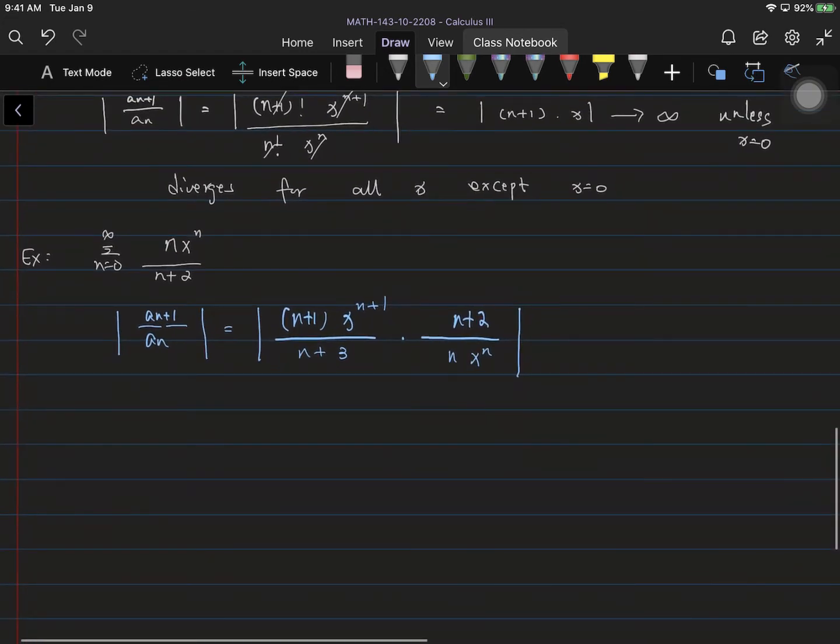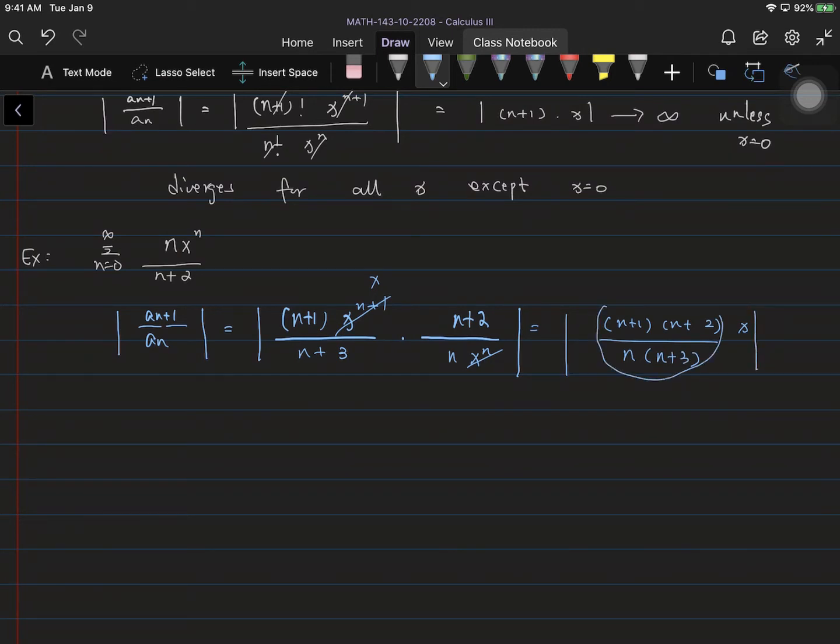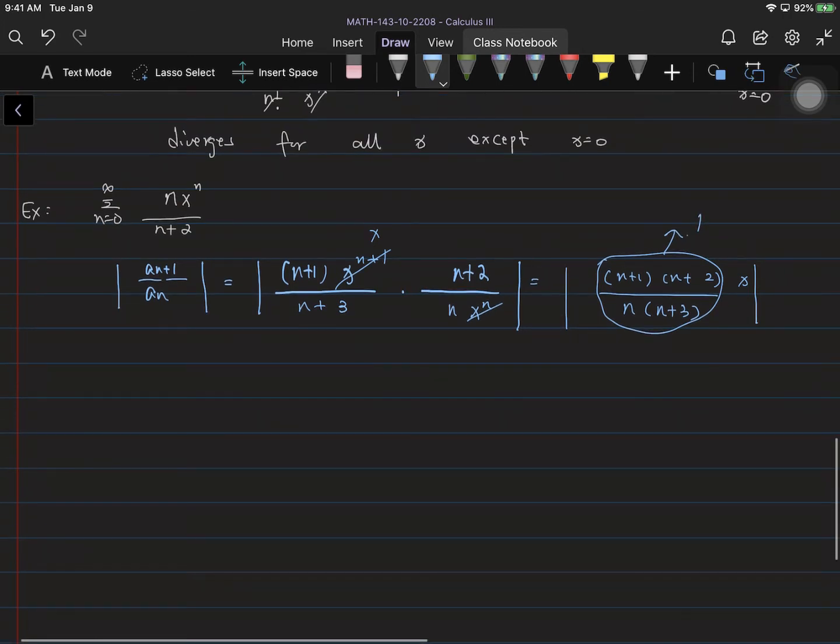Simplify. Cancel this. So it becomes n plus 1, n plus 2, x over n times n plus 3. So you can see everything here goes to limit 1 after simplifying, because the coefficient in front of n squared, they both have 1.